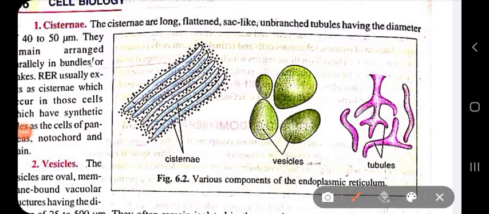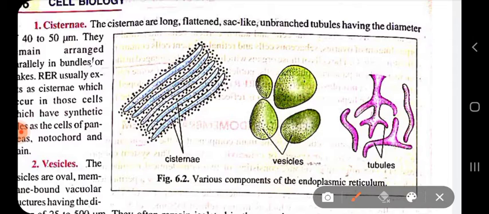Rough endoplasmic reticulum usually exists in cisternae form, which occurs in cells that have synthetic roles, such as the cells of the pancreas, the notochord, and the brain. Normally, cisternae are not branched.